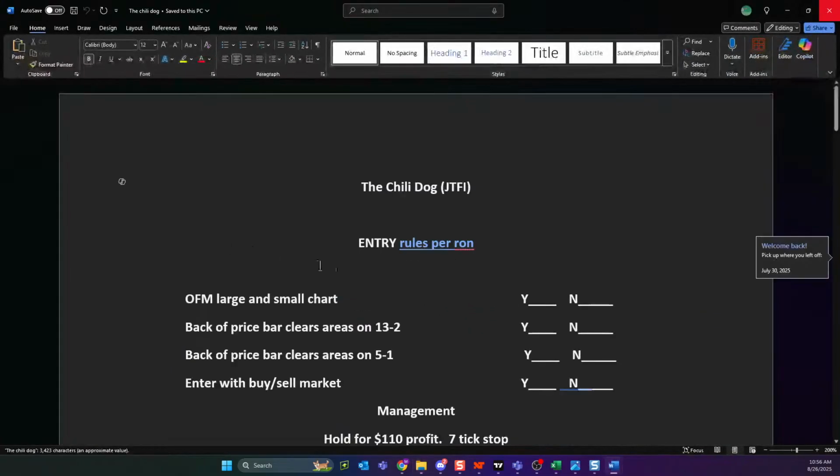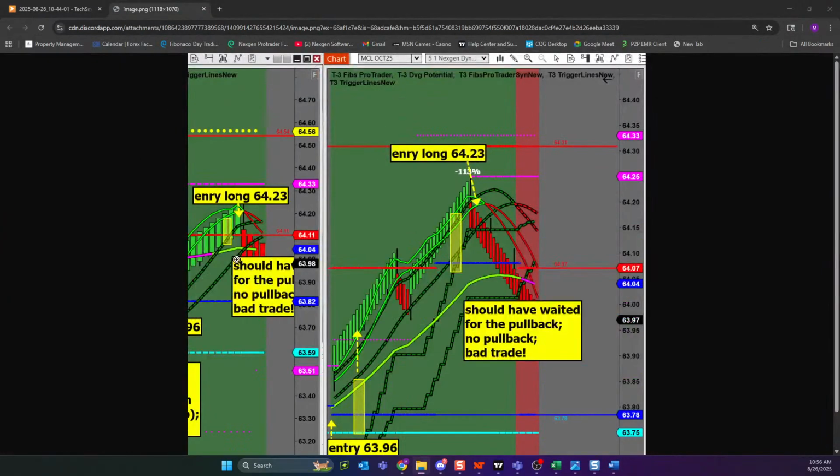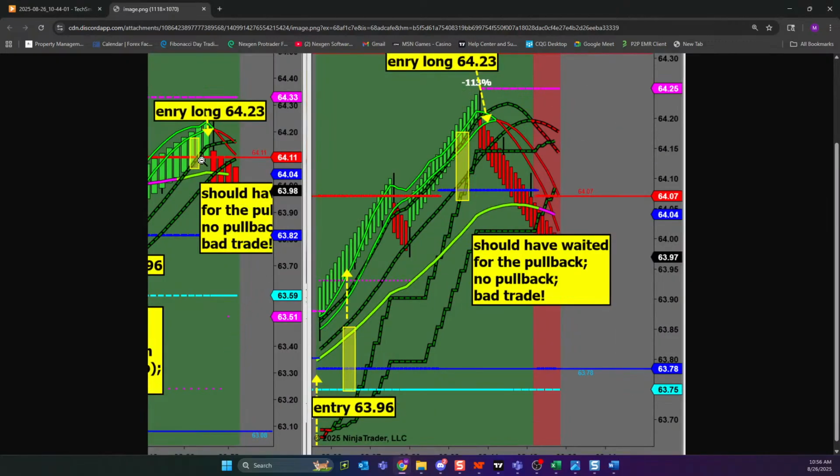So there's one thing about the chili dog that's so important. There is one thing about the chili dog trade, and that is the back of the price bar clears on the 13.2. That the tail end, the back end of the bar clears Fibonacci, because decisions are made at Fibonacci areas, and as long as the back of the bar hasn't cleared it, that area still may hold, and that's exactly what it did.